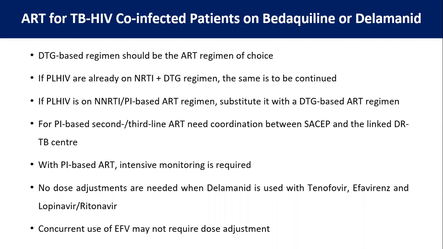Now, if PLHIV is on an NRTI and PI-boosted ART regimen, then we substitute it with a DTG-based regimen on the ART side. And for PI-based second line or third line, we cannot substitute DTG. So we need to coordinate with SACEP and the linked DRTB center because experts are there in the SACEP and we need to take their help.